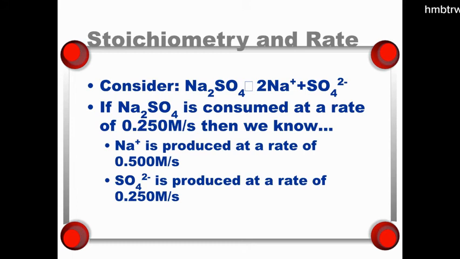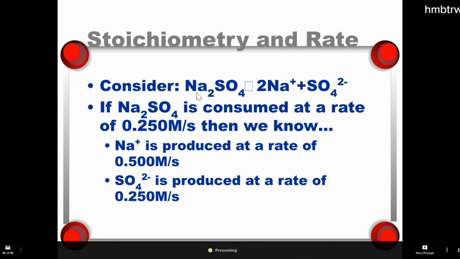So one last thing that I wanted to talk to you about is stoichiometry and reaction rate. So if I'm looking at Na2SO4, and this should be an arrow, Na2SO4 produces 2 Na+ + SO4 2-. If the rate of the reaction, the rate at which Na2SO4 is consumed, is 0.250 molar per second, then I can use stoichiometry to see, okay, so 0.25 here, so then that's going to be 0.5 here.